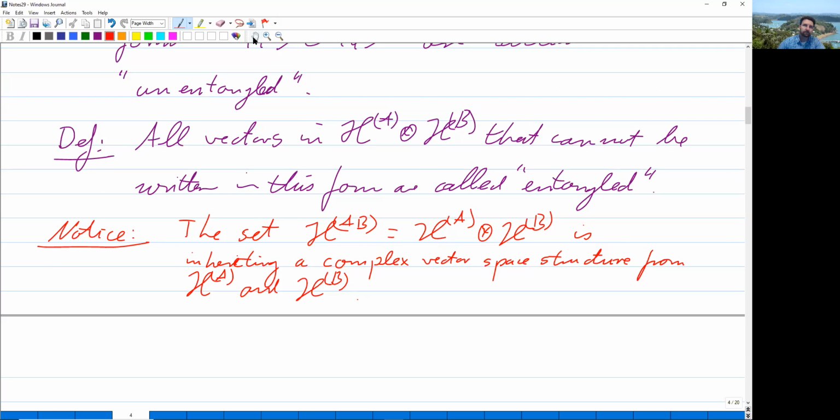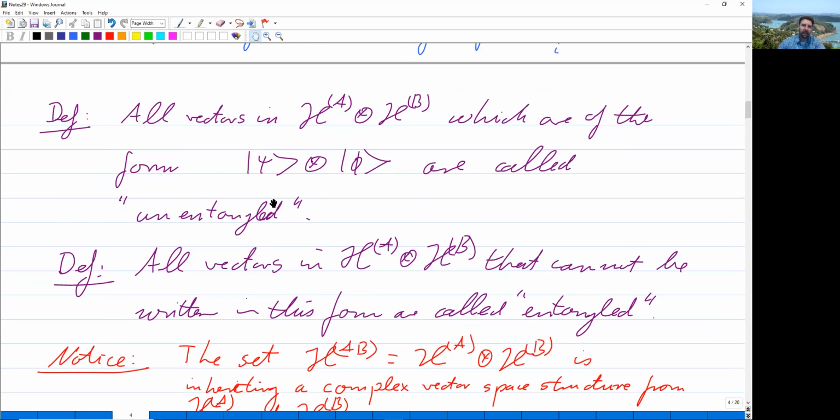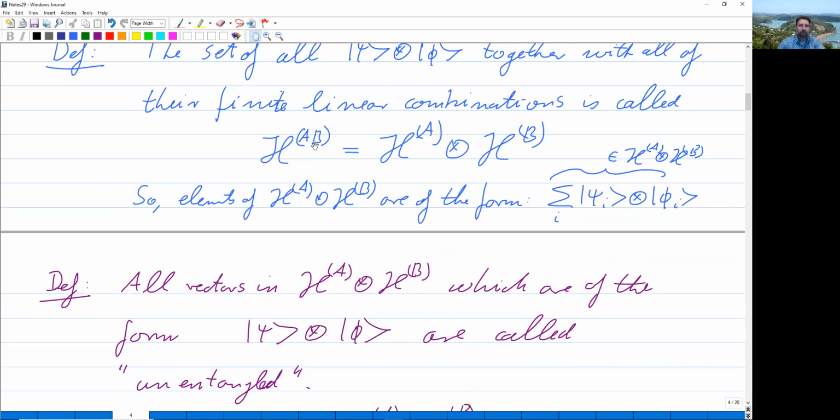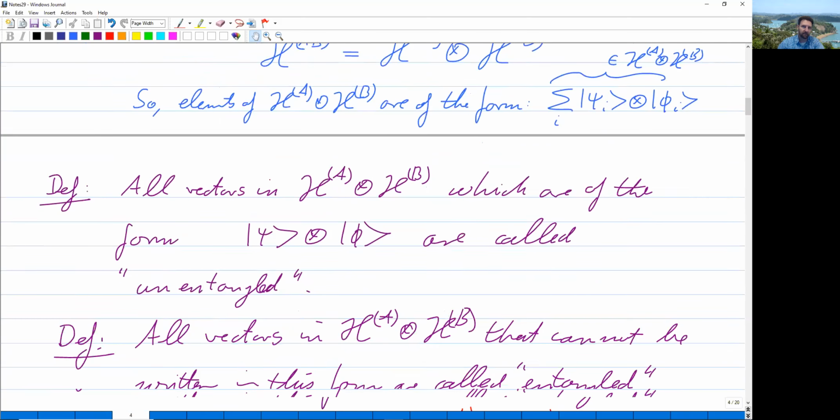And now I'm saying that our set HAB, which consists of all the formal linear combinations of these guys, inherits from the complex vector space structure of HA and the complex vector space structure of HB, itself a complex vector space structure.